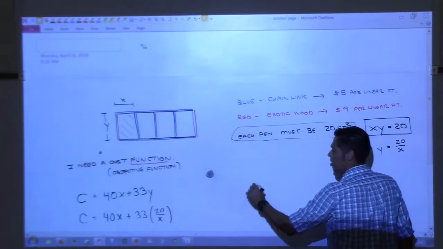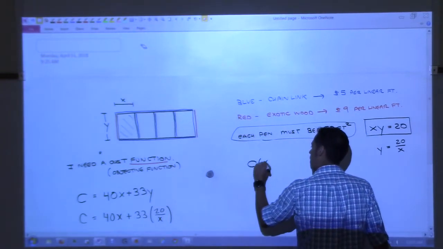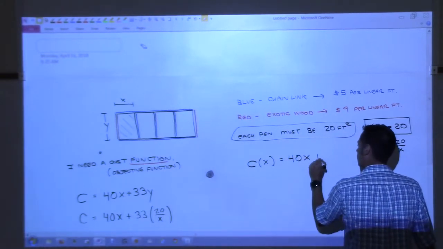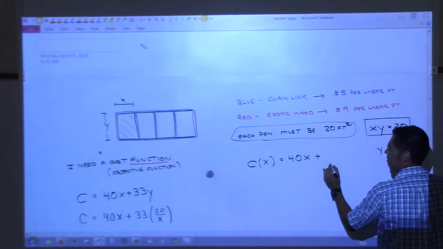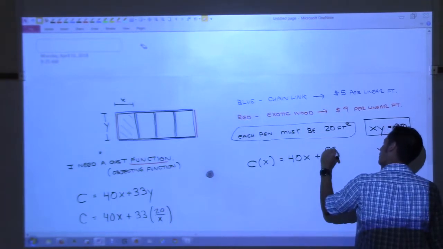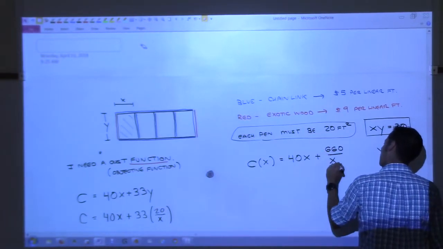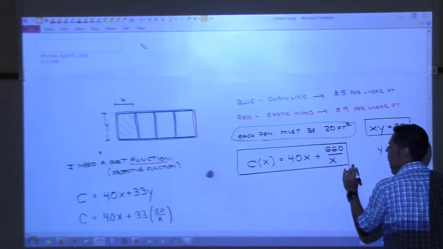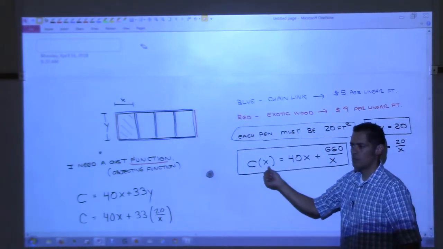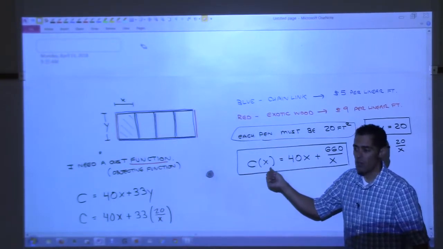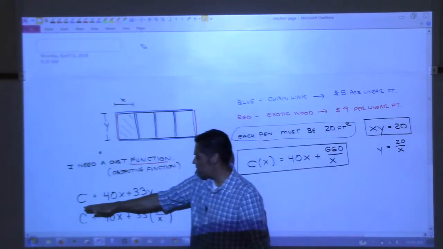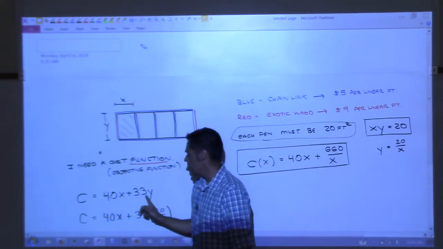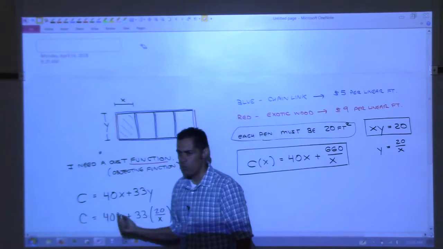Now watch what I do here. What is that, 660? Notice I didn't write c, I wrote c of x. Because I want to make sure you all understand what we've done is we've taken an equation where cost was dependent upon two variables, and we've rewritten it so that the cost depends on one variable.